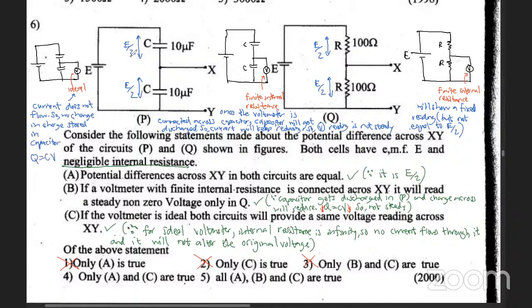Q equals CV, so Q is constant and V is also constant. It will not change if you put an ideal voltmeter. Okay, so what's the correct answer? The answer should be the fifth one.